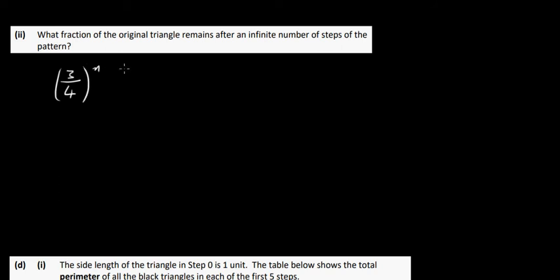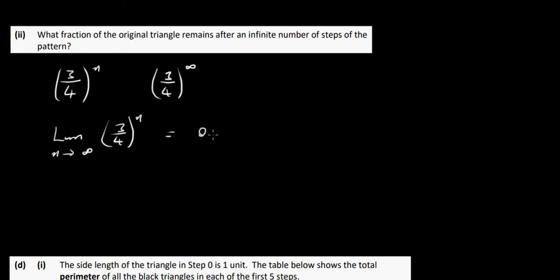So in other words, if we take 3 over 4 and we raise it to infinity, which is not a number, by the way, it's just an idea or a concept, if you like. So if we take the limit of 3 over 4 to the power of n as n goes to infinity, really what we're going to get here is 0.